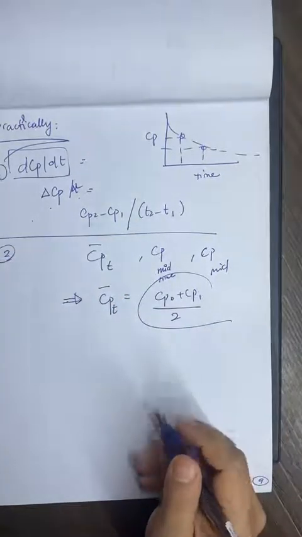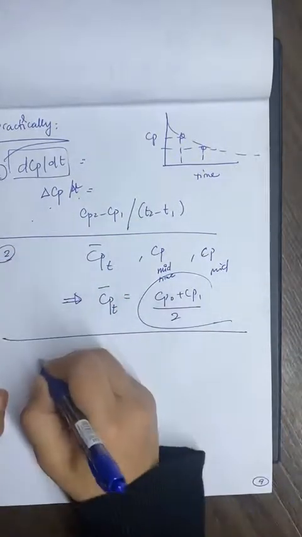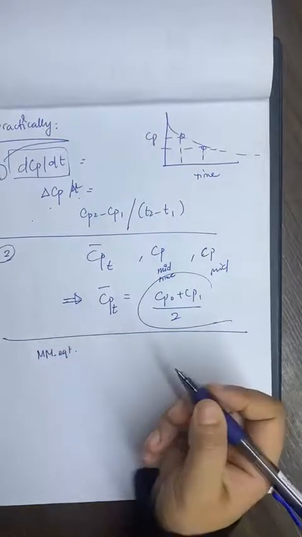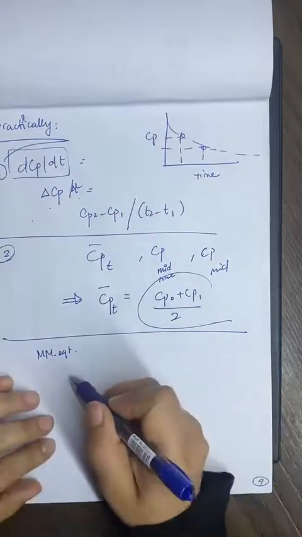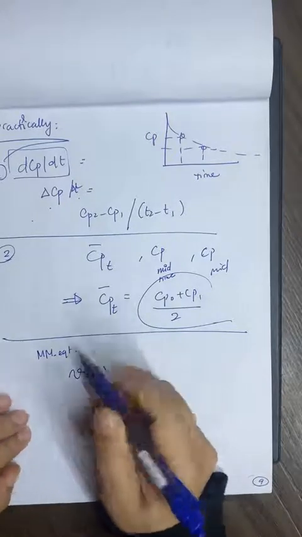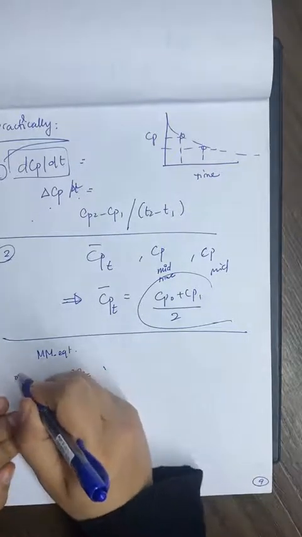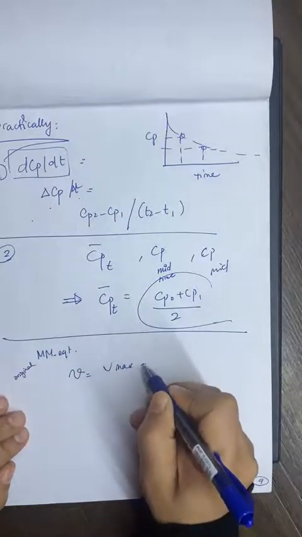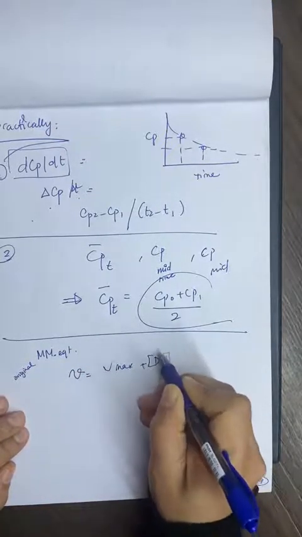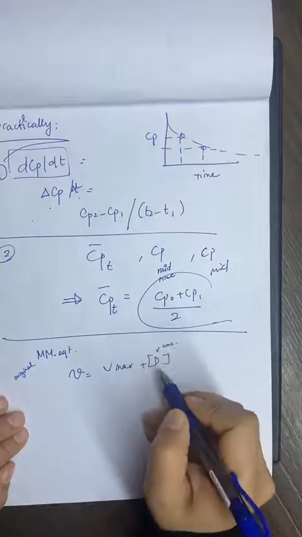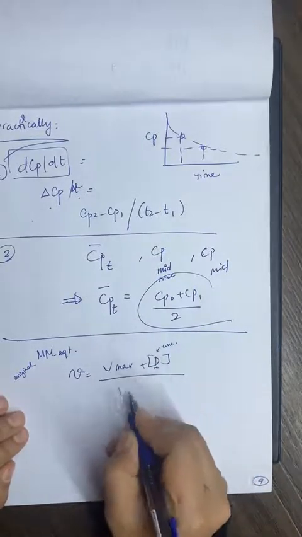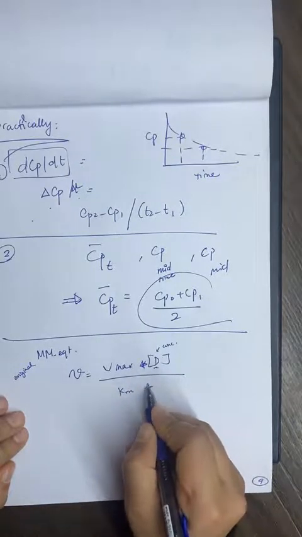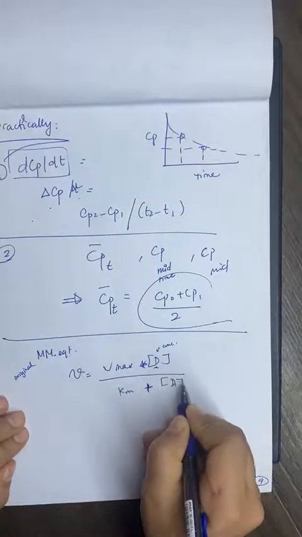Then we have the same Michaelis-Menten equation, the practical expression of it, rather than having rate. This is the original that you have: rate equals Vmax times concentration over Km plus concentration of the drug.